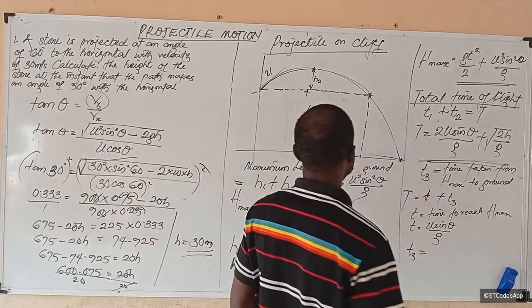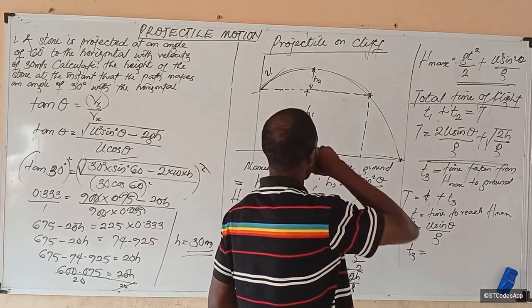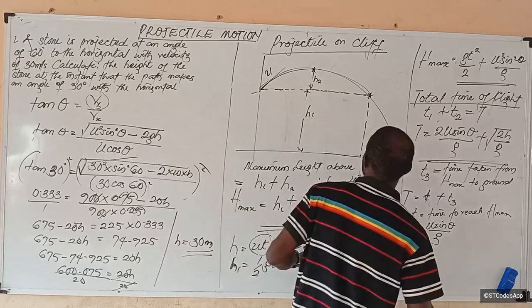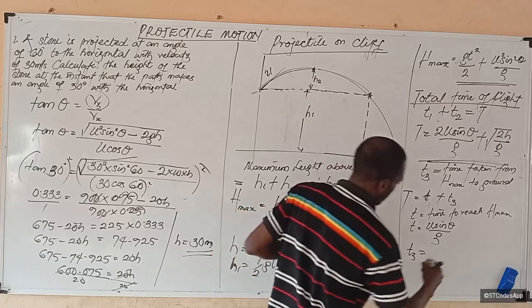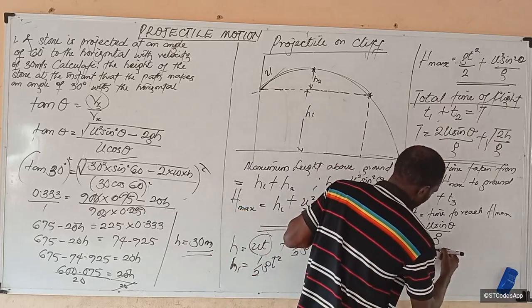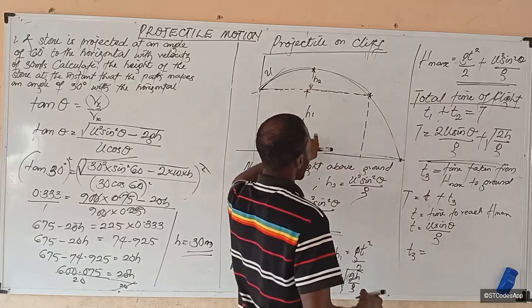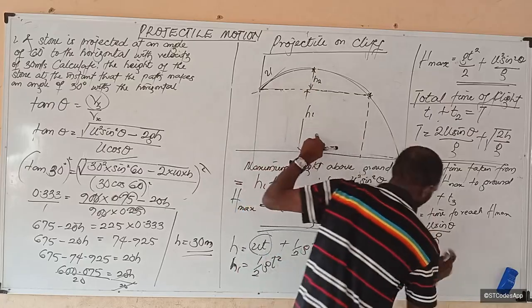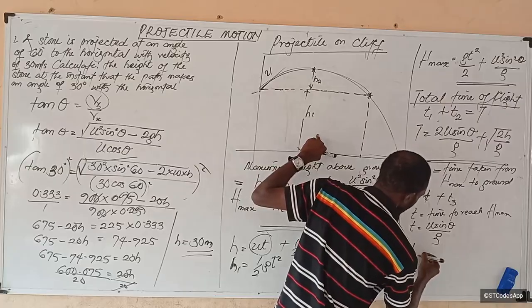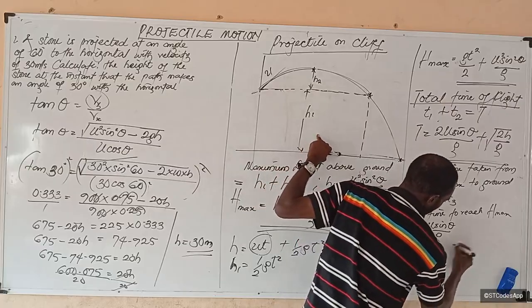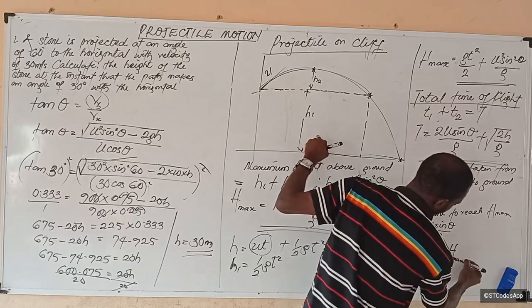Now what's the formula for height 2? Time taken to go from here to here will be, let's call it h1 plus h2, our h max. Is that okay?